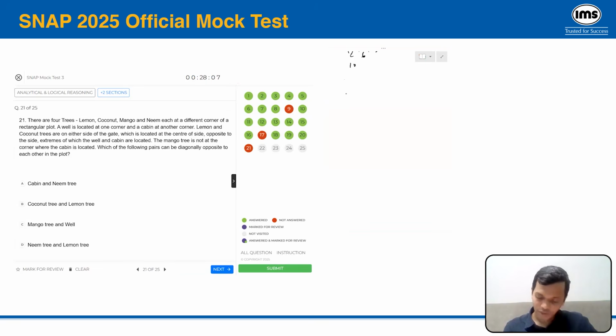4 trees at different corners of a rectangular plot. A well is located at one corner, cabin at another corner. Lemon and coconut are on either side of the gate, which is located at the center of the side opposite to the side extreme which the well and cabin are located.